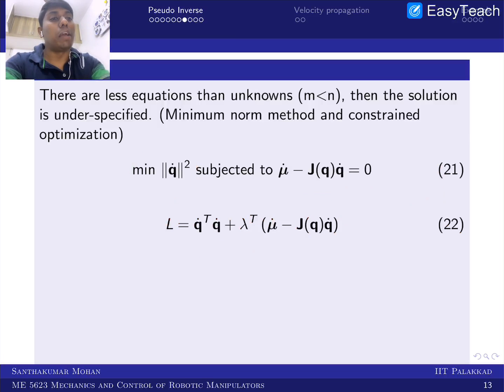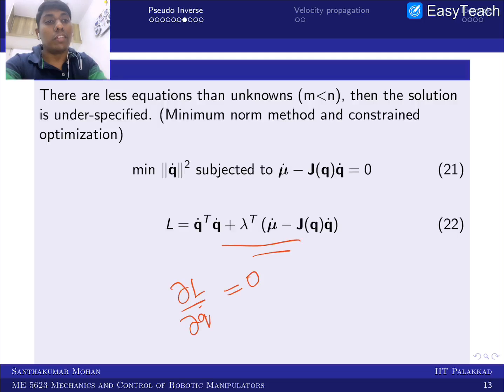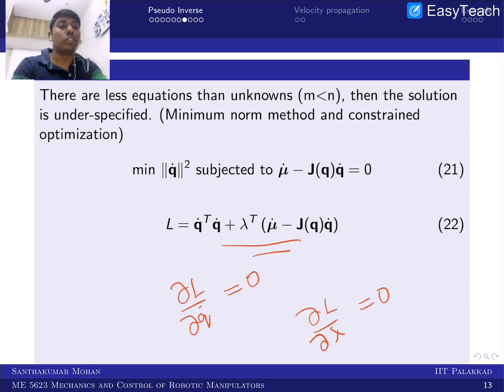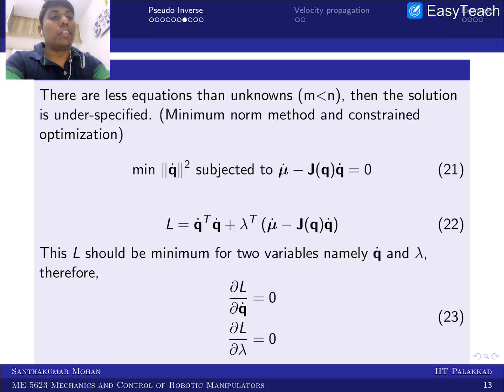So this is my objective function. Now what conditions are there? There are 2 conditions. Dou L by dou q dot is minimum, what we wanted, that is 0. Further, dou L by dou lambda is also supposed to be 0, in the sense this equation is supposed to be 0.